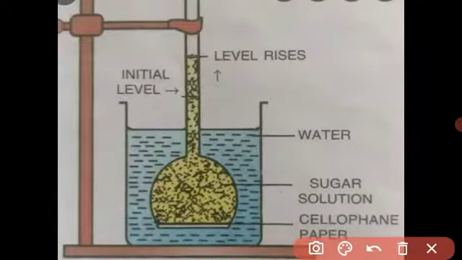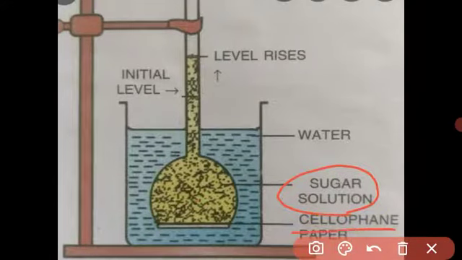Look, I will explain with an experiment. See, student, this is the experimental setup. I take a beaker of water and put in an inverted thistle funnel. The thistle funnel contains sugar solution. I tie the mouth of the thistle funnel with cellophane paper.